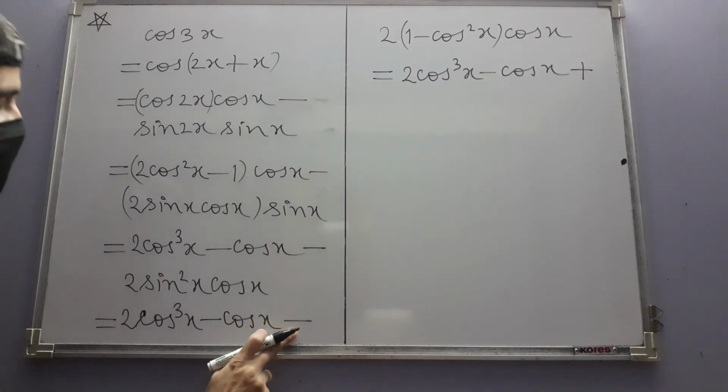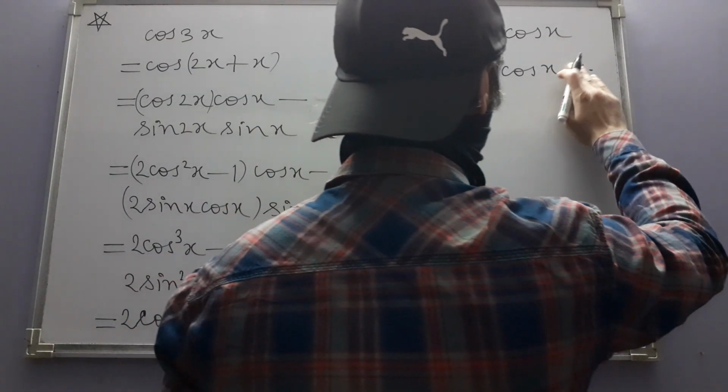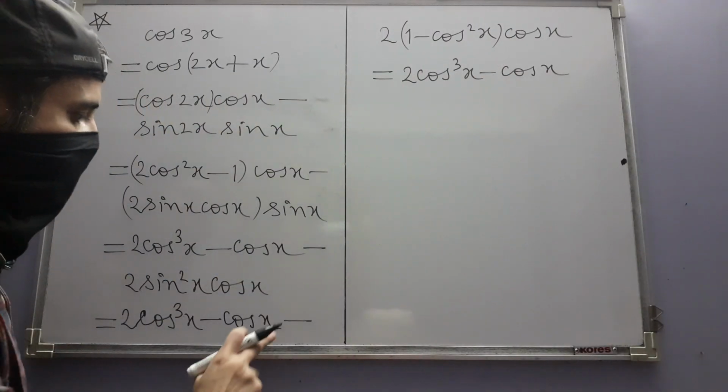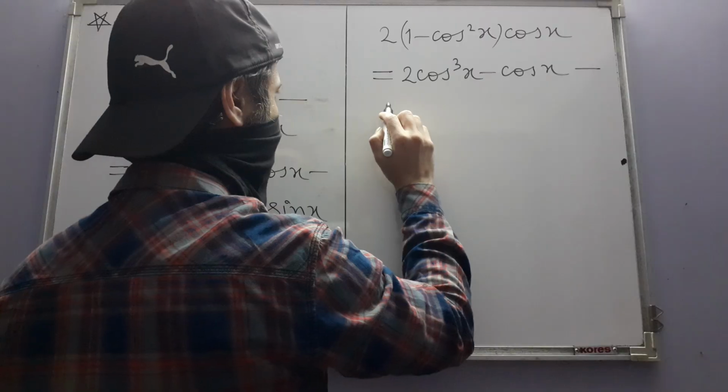Oh no, we have a minus 1 here. That's why I was going to write a plus. Actually, it's minus 2 cos x. Yeah.